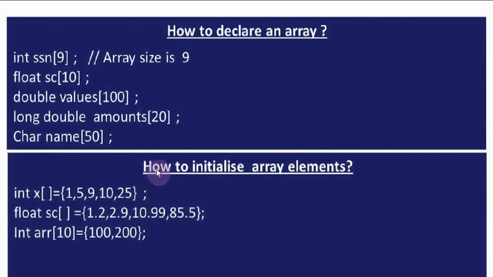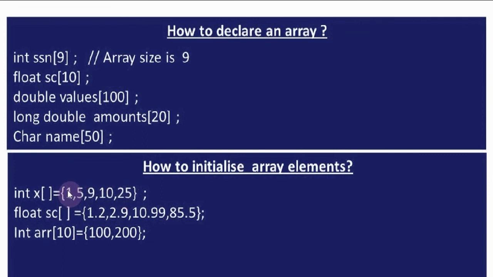Now, if we want to initialize the array elements, that means at the time of declaration of the array we want to give the values, what we are supposed to do is give the data type, the name of the array, and within square brackets, mentioning the size is now optional. Then I give the values within a curly braces block. The values are 1, 5, 9, 10, 25.